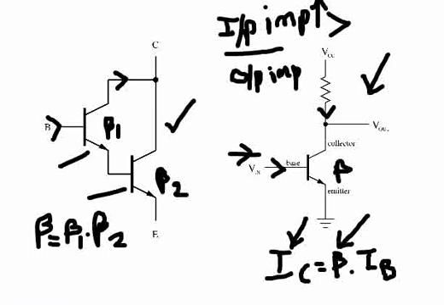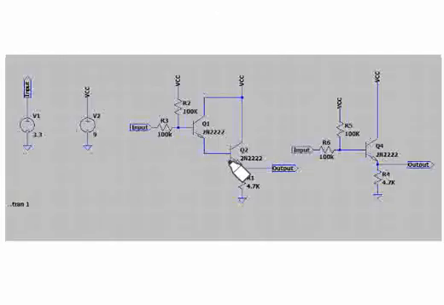If we look at the circuit connectivity of these Darlington pairs, this is a circuit drawn in LTspice. This is a simple NPN circuit where we used an emitter follower output to connect to our load. Emitter follower we know, right? The load is connected at the emitter side, whereas generally we connect it at the collector side.